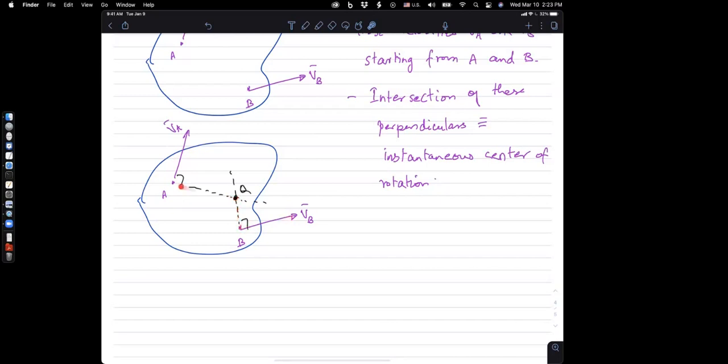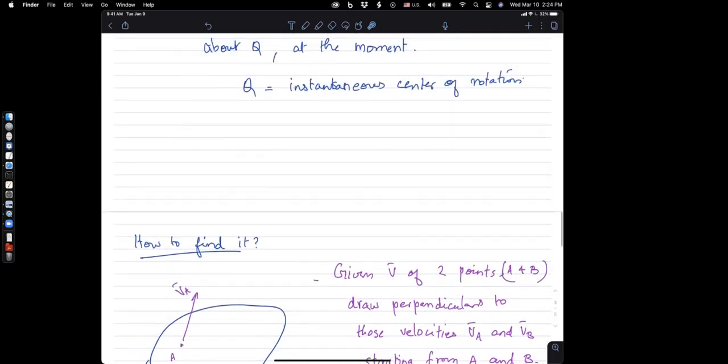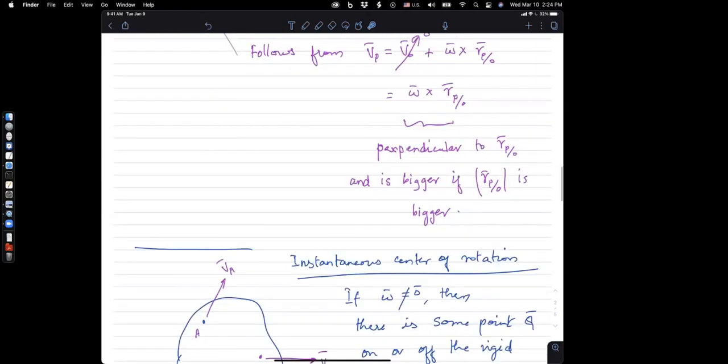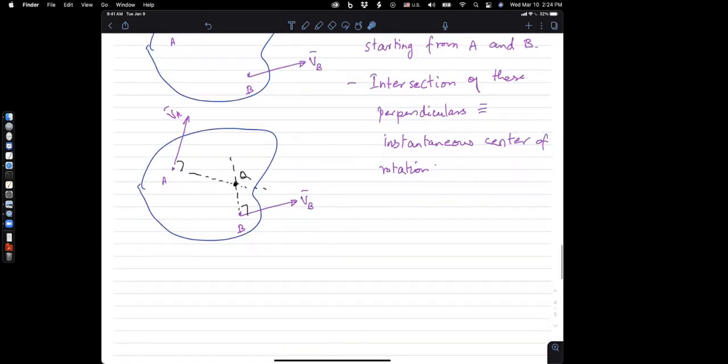This velocity is perpendicular to the line joining this point and this point. The velocities are perpendicular to the line joining the center of rotation and wherever you are. So that's what we have used, drawing perpendiculars to the velocity and seeing where they intersect. And if you just have 2 points, that's sufficient to localize the instantaneous center of rotation.